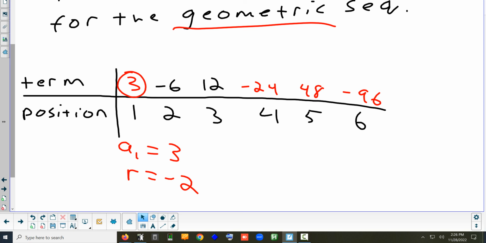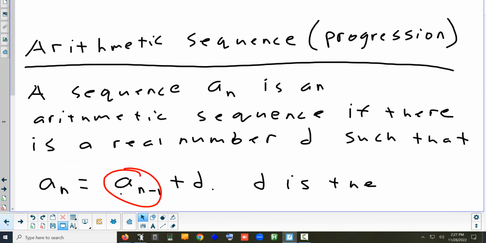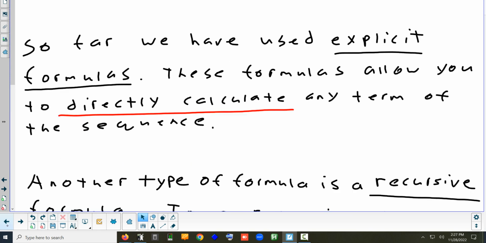Does anybody think they see what you can do to this number to turn it into that number? Again, another hint I'll give you is the formula has a variable, but it's a variable in an exponent. It's kind of like the one we did with -1 to the n, 2 to the n, whatever that was.